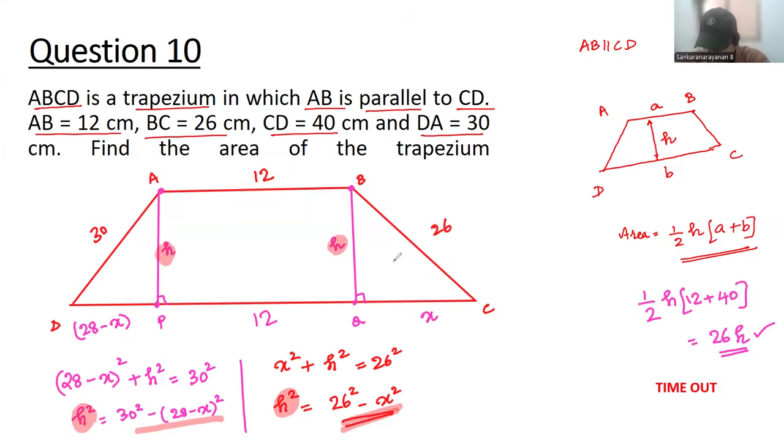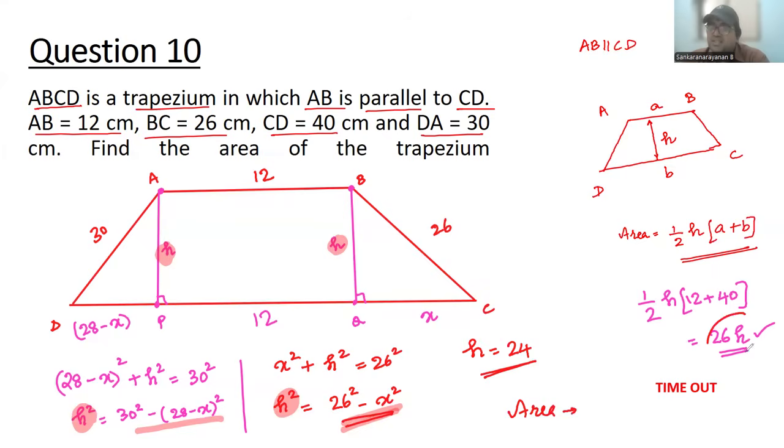You know how much it will be equal to? You can see that here, the H value will be coming as 24. I'm asking you to simplify this, because of time constraint, I am asking you to do it. I can see the H value will come here as 24. Got it? Now, the moment you get that H is equal to 24, you can easily find out the area of the trapezium.